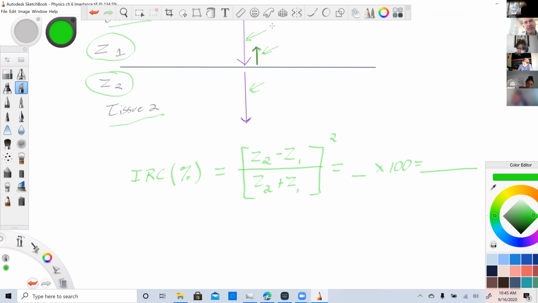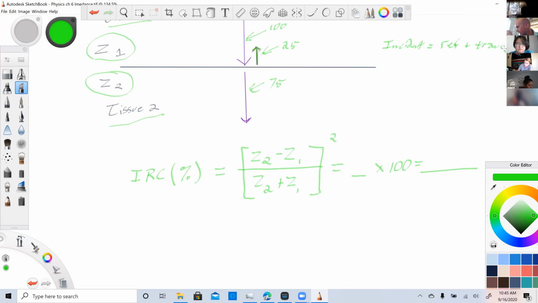If the incident is 100, let's say 100 watts, and the reflected is 25, and the transmitted is 75. In other words, incident is equal to reflected plus transmitted.